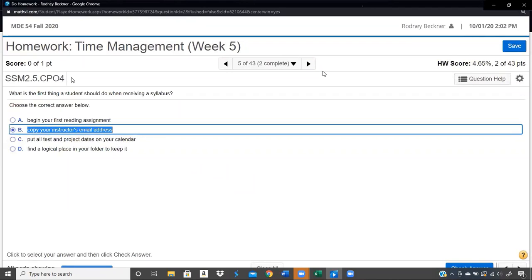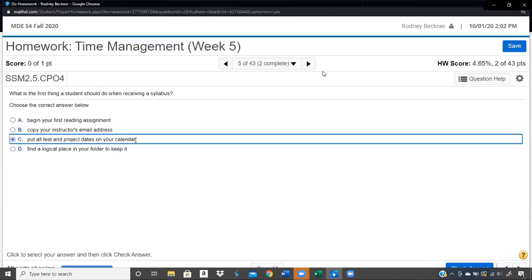C, put all tests and project dates on your calendar. Now that sounds pretty important. Going ahead and putting things in your calendar. If you have a class where your teacher says, I know I'm going to hit the schedule, I'd say only about half of teachers really have a schedule they're set to. I know a lot of my colleagues don't. They're kind of like me where it's like, all right, I know we might spend an extra week or maybe one less class working on this stuff for a long time.